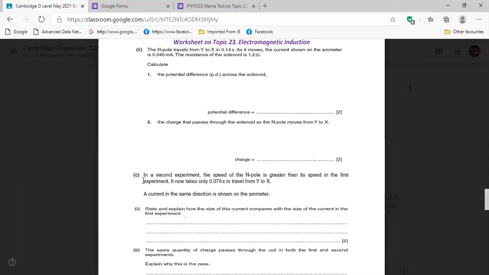If the end pole has speed greater than the speed in the first experiment, then there will be more current, because we know induced EMF for current depends on three things: the speed, the magnetic field strength, and the number of coils.